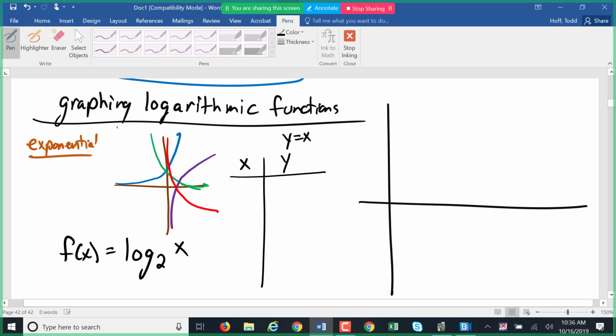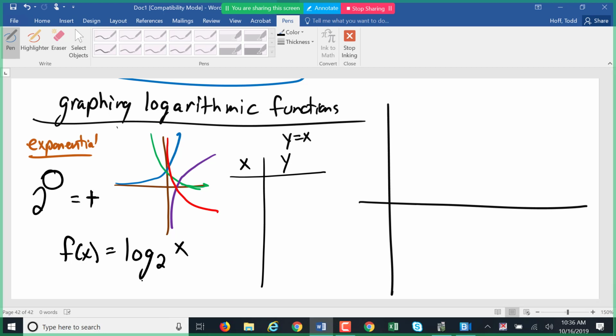Since 2 is positive, x cannot be negative, because 2 being positive, there is no power I can take it to give me a negative number. So no matter what power I put in here on the 2, my result's always going to be positive because 2 is positive. In fact, x can never be 0 because the only way the x could be 0 is if the base of the log were 0. So x has to be larger than 0.